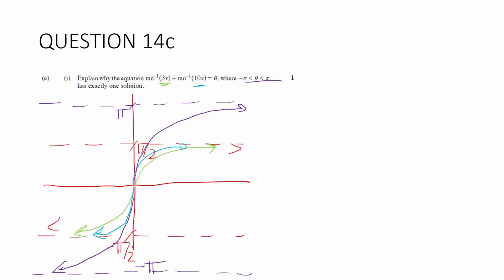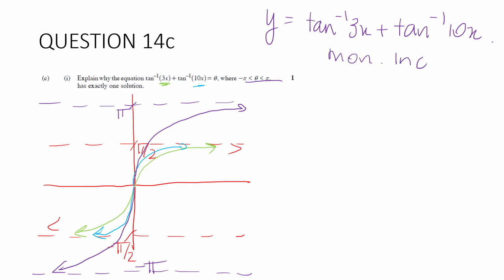All right, we have graphed y is equal to inverse tan of 3x plus inverse tan of 10x. And we note that it is always increasing, or monotonically increasing. It never turns around. All right, we've done that side. Now we need to do this part. Now we're going to graph y equals theta, which is a horizontal line.